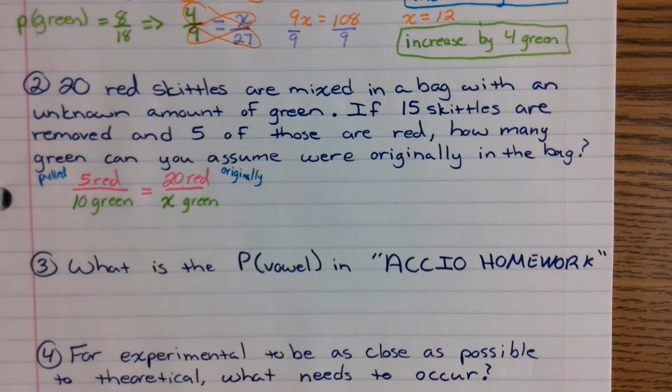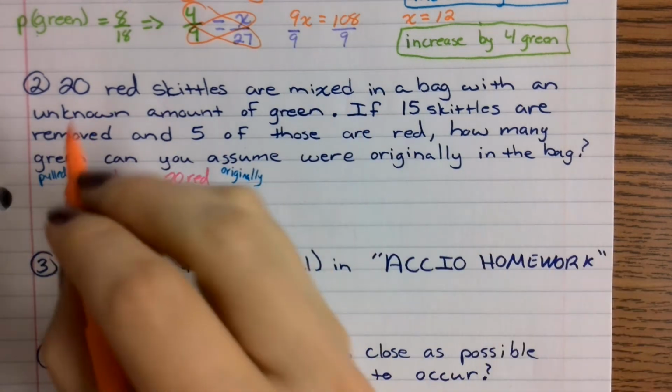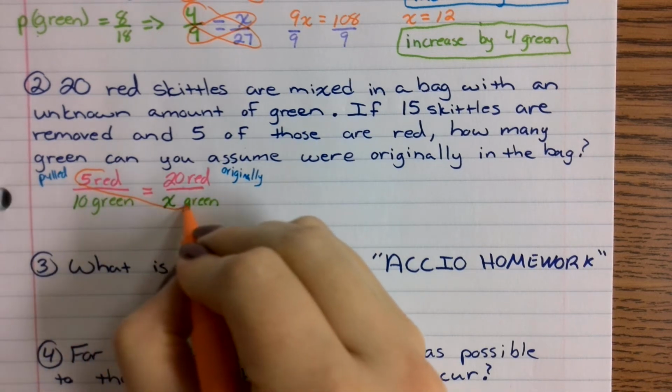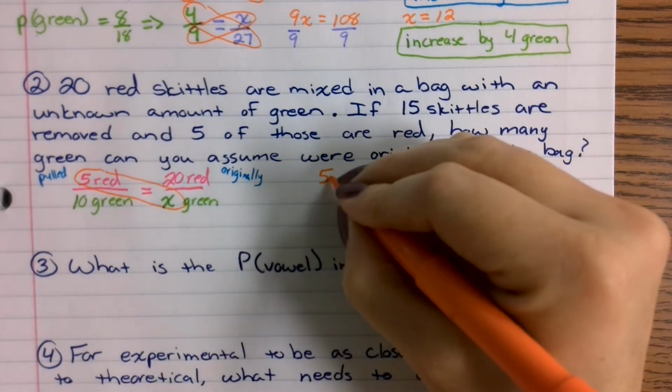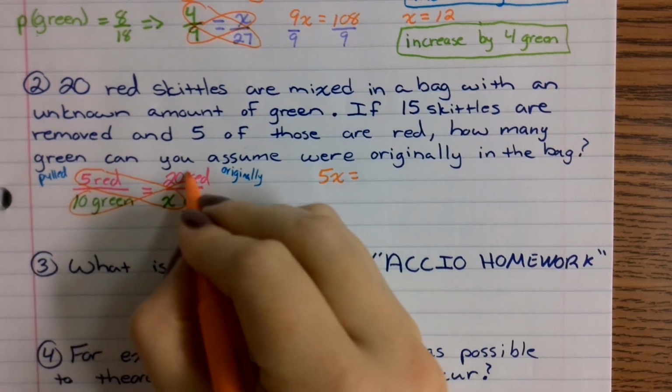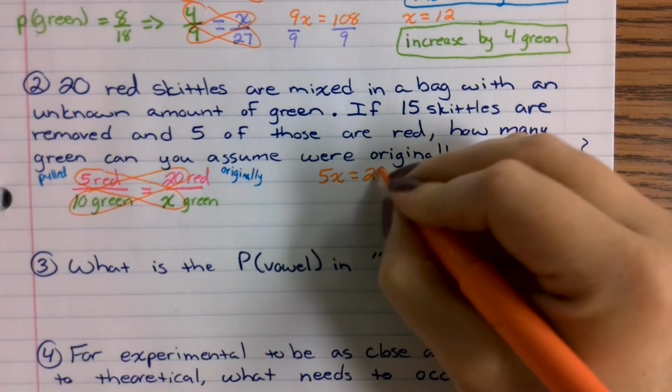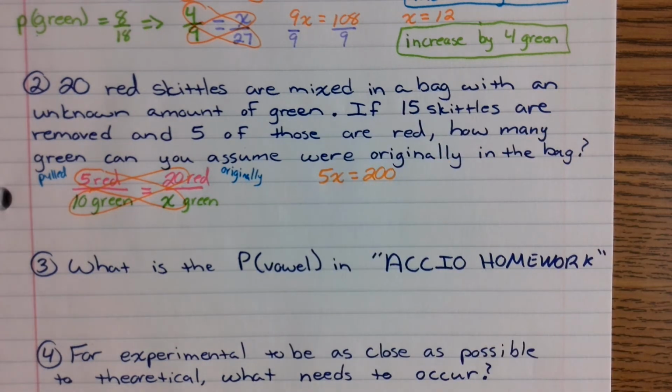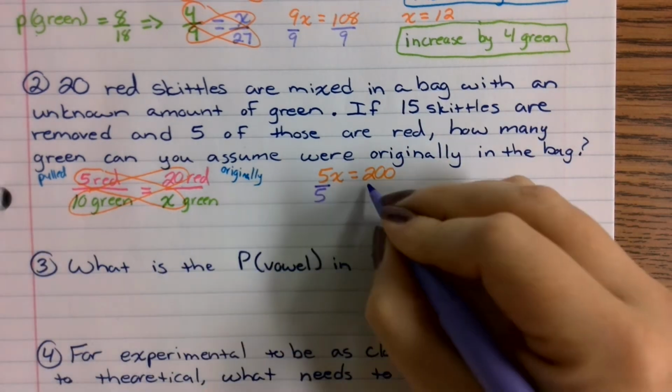We've now created a proportion. We can use the cross product to solve. So we're going to multiply 5 times x, which would give us 5x. We can multiply 20 times 10, which would give us 200. And then we would just divide both sides by 5.